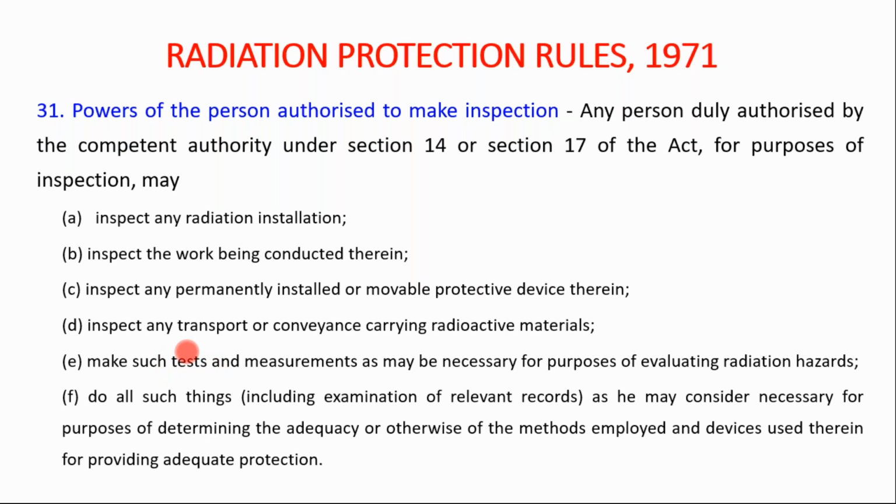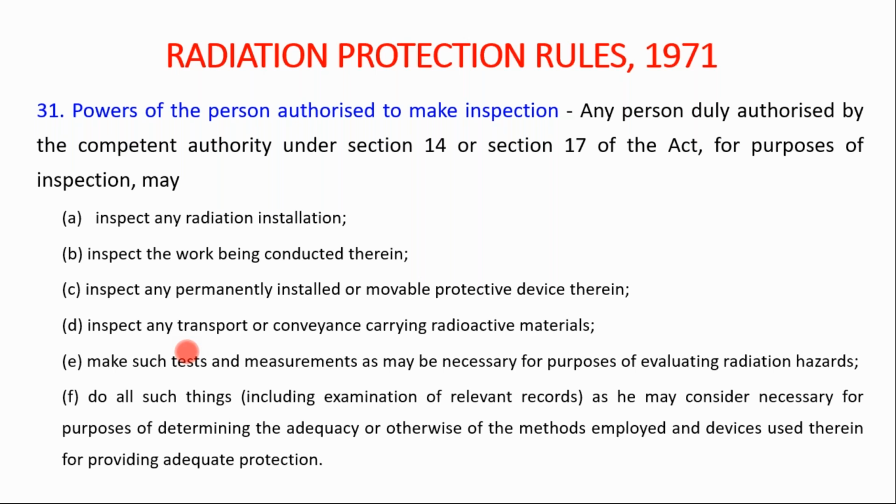So you can go through the test and measurement activities guided by the competent authority for checking or testing the radiation limits or the operational limits, which are decided by the competent authority and clearly mentioned in the license.